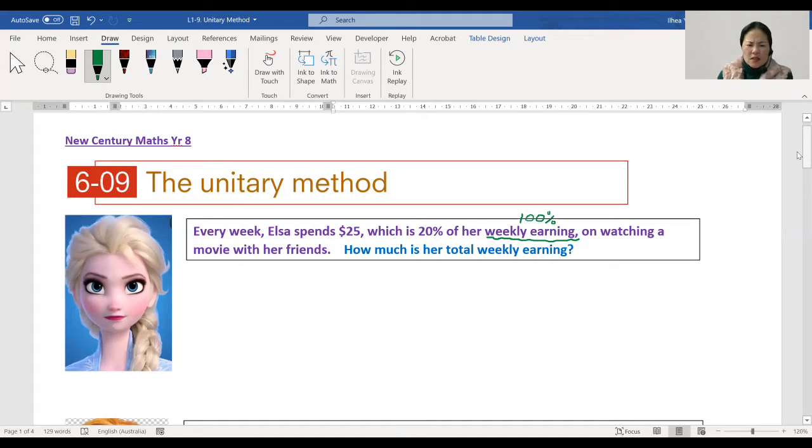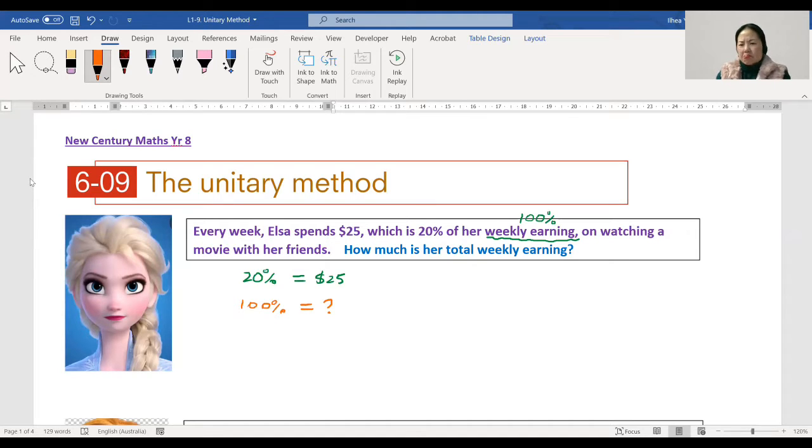So let's put it this way: I've got 20% equals $25. Now I want to know what is 100%. That will be her total weekly earning.